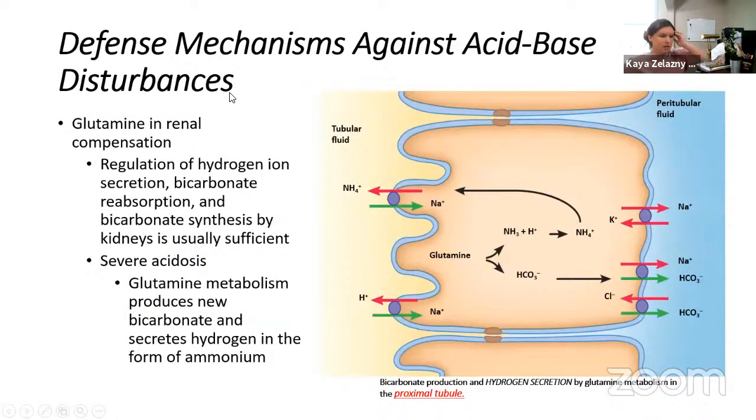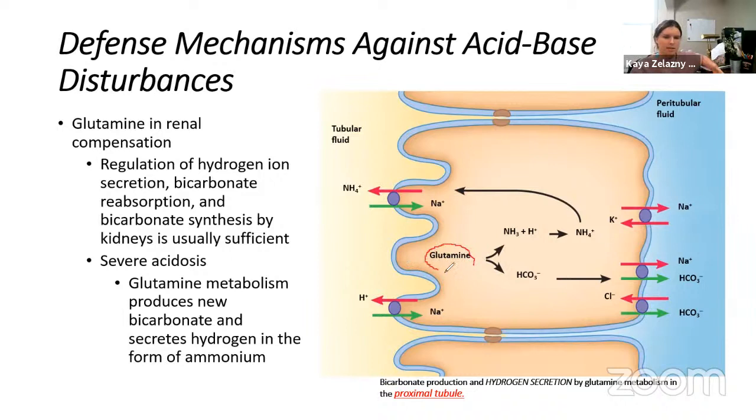The final thing that the kidney is doing for renal compensation is that it has this molecule called glutamine that it basically can break down to give us a bicarbonate ion. So glutamine doesn't break into a hydrogen ion and a bicarbonate ion like carbon dioxide does, right? It has a different chemical formula.